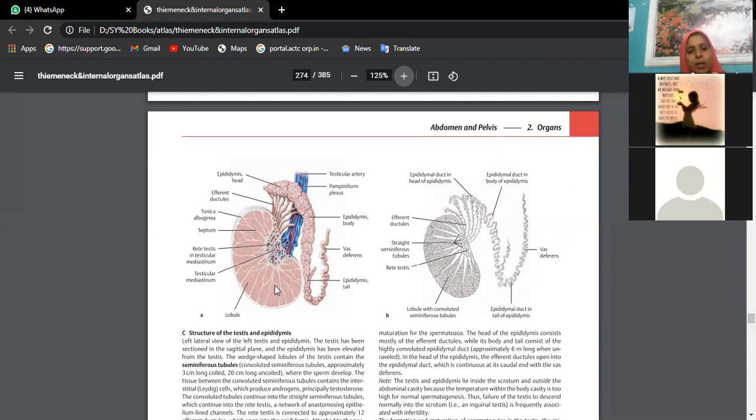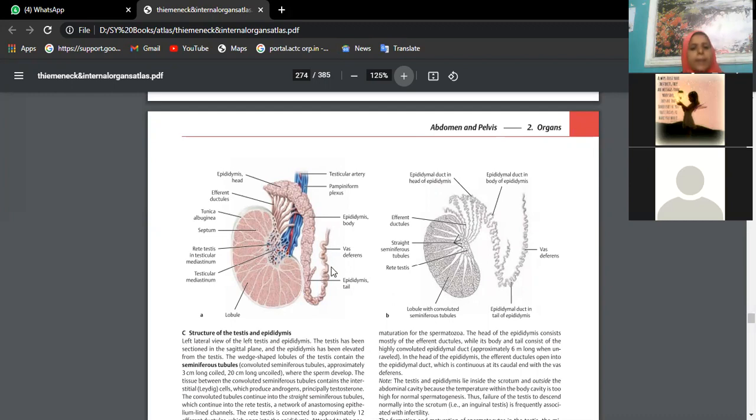So inside all these compartments, we are finding developing follicles, that is nothing but seminiferous tubules, where you see various stages of the development of spermatogonia. Okay, this network is actually called the rete testis. These are the efferent ductules. This whole thing is the epididymis, where you are finding the head, body, tail of the epididymis. The tail is now continuing as the vas deferens.